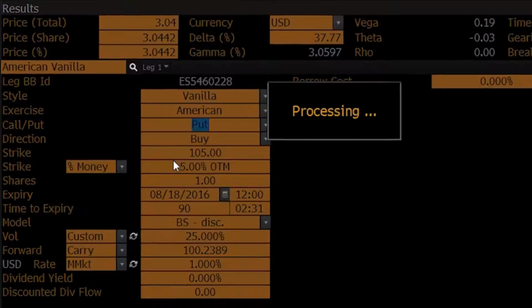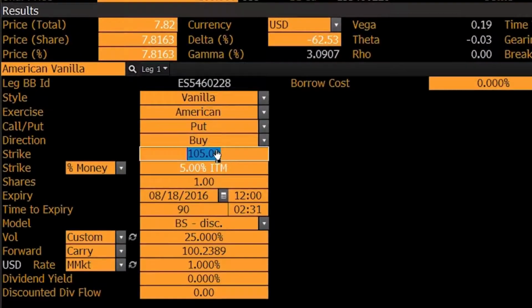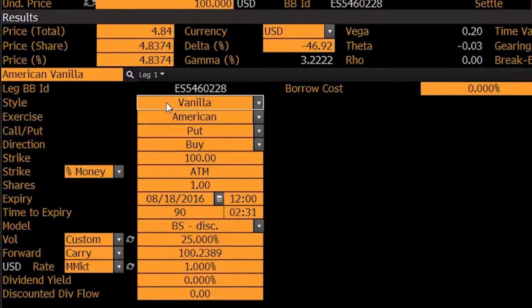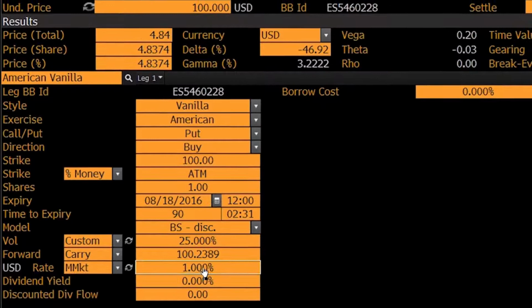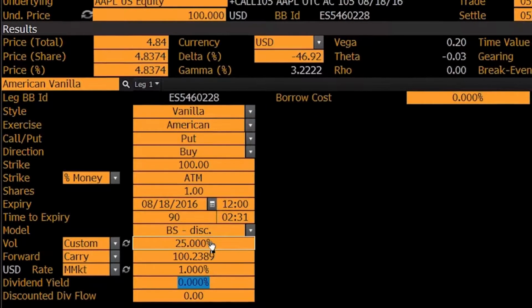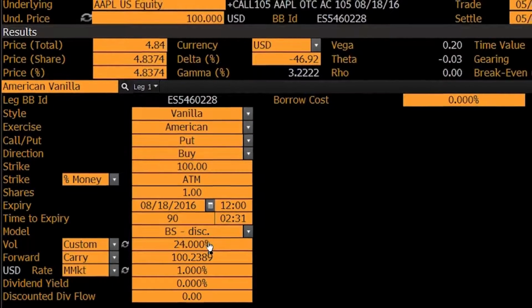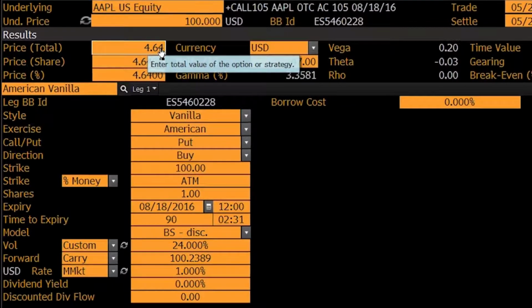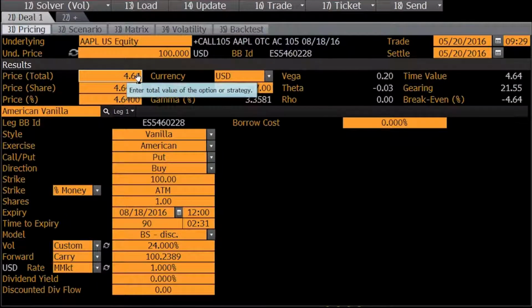This second deal is going to be a put. The second deal has a strike of 100. Again, the rate of 1, dividends of 0, the volatility of 24%, and that gets me to a price of 4.64. Okay. Now, if I did update, I would overwrite this strike and put on that label.